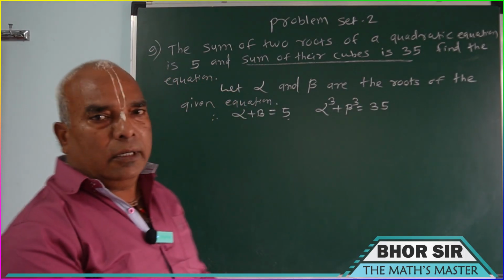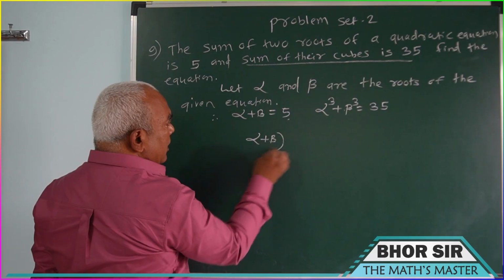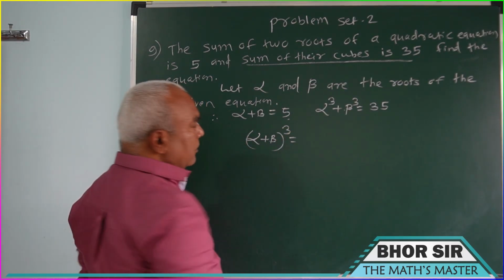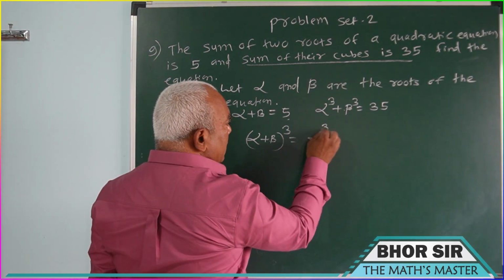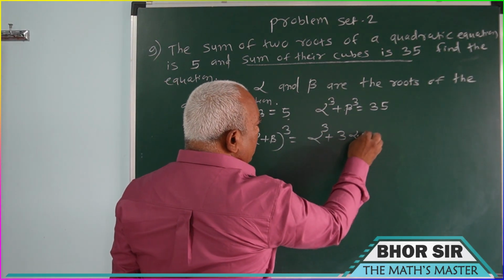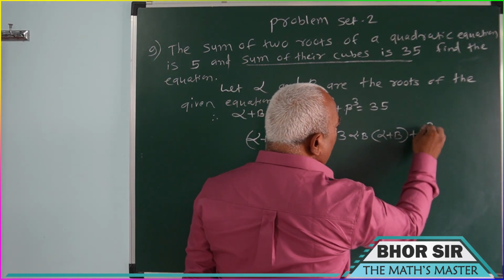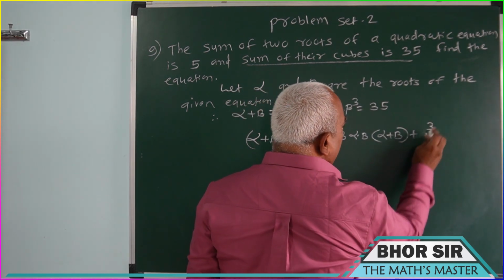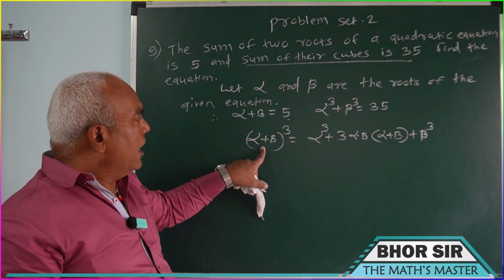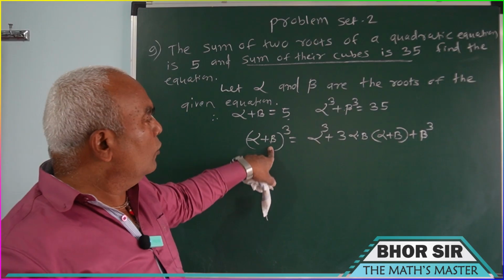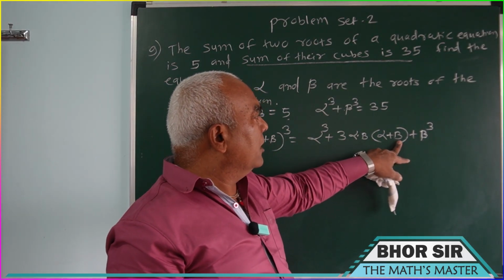How to find it now? See here, we know this identity of alpha plus beta whole cube. Alpha plus beta whole cube is equal to alpha cube plus beta cube plus 3 alpha beta into (alpha plus beta).